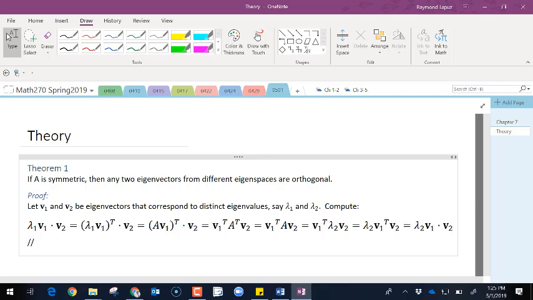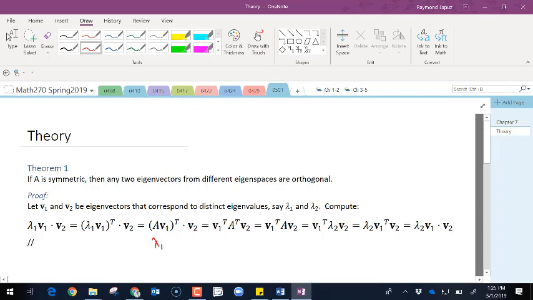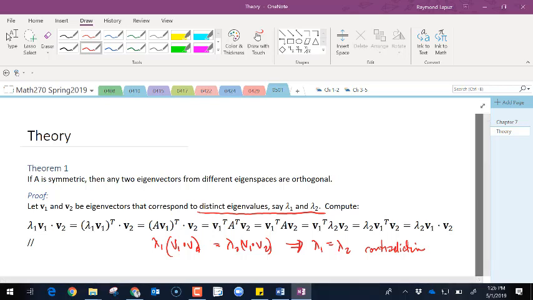And the only way these two will be equal to each other, lambda 1 v1 dotted with v2 equals lambda 2 v1 dotted with v2, would mean that v1 and v2 are the same vectors, and so lambda 1 equals lambda 2, which is a contradiction. Because we said in the beginning of the proof that lambda 1 and lambda 2 are distinct eigenvalues. And so this is a short proof called proof by contradiction.